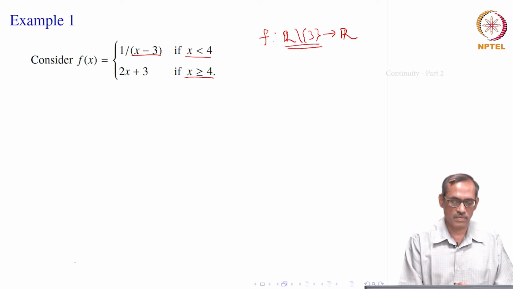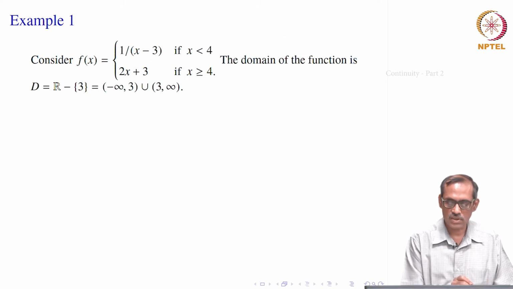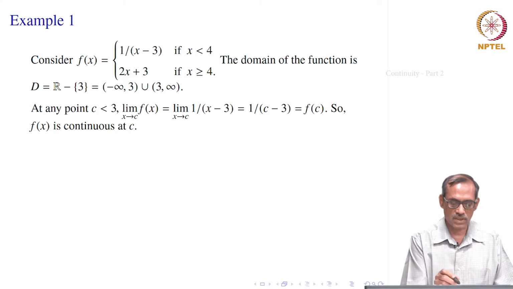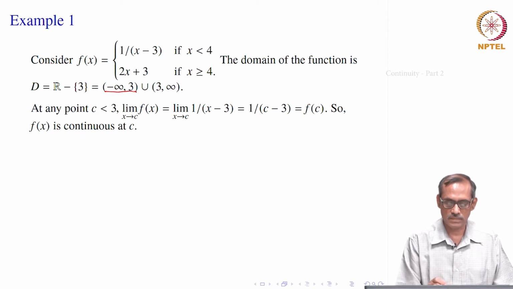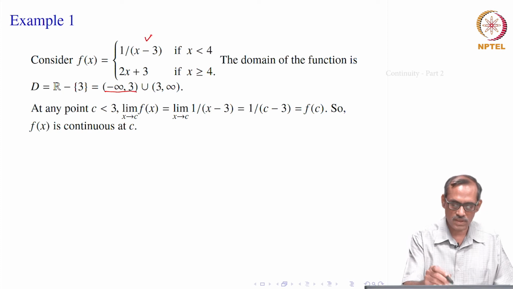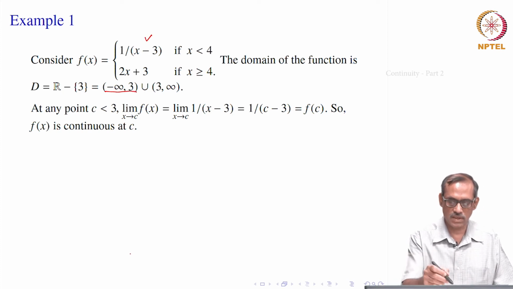So, suppose this is our function. Now, you want to see whether it is continuous at all these points or not. So, let us say we take a point C which is less than 3. It belongs to this interval minus infinity to 3. So, that means the first condition of this function definition will be applicable.